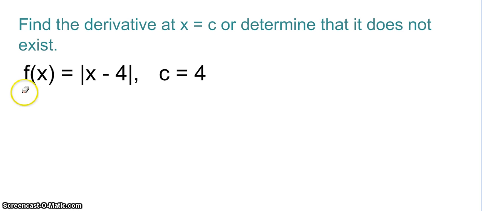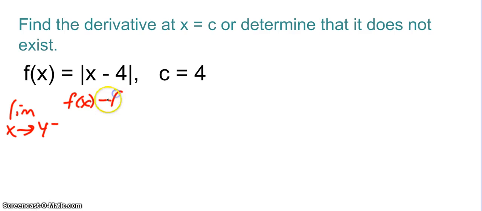So we need to do the limit as x goes to 4 from the left of f of x minus f of 4 over x minus 4.